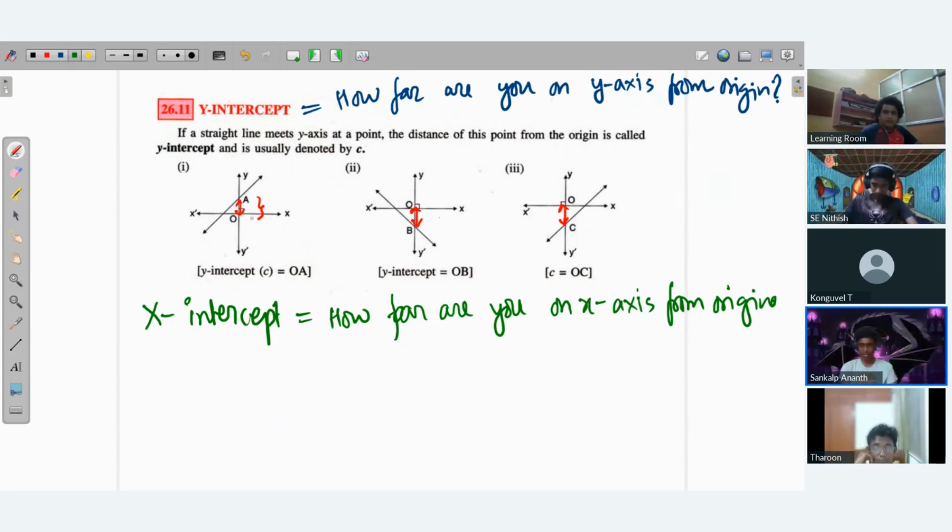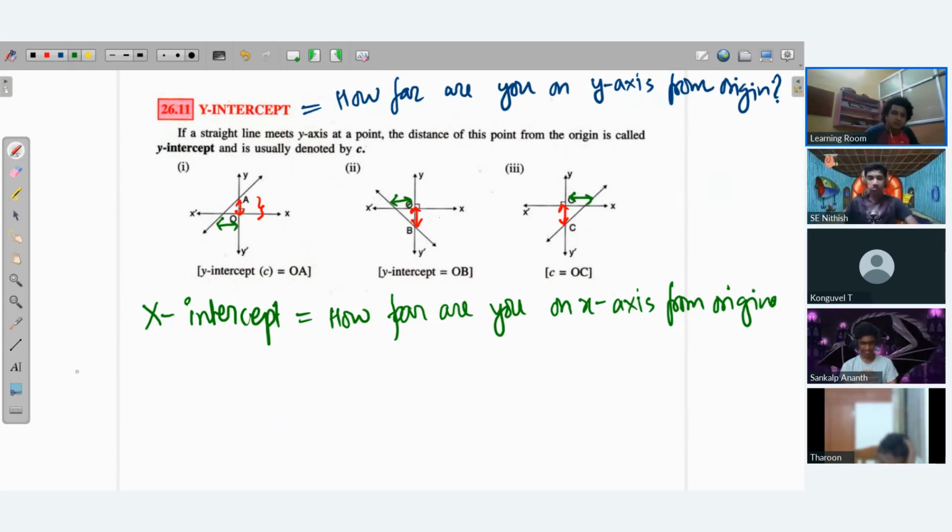Sir, how can there be a y-intercept on the y-axis when it is parallel to it? That's what I'm going to tell you. Firstly, let's see. This is the x-intercept, this is the x-intercept, and this is the x-intercept.